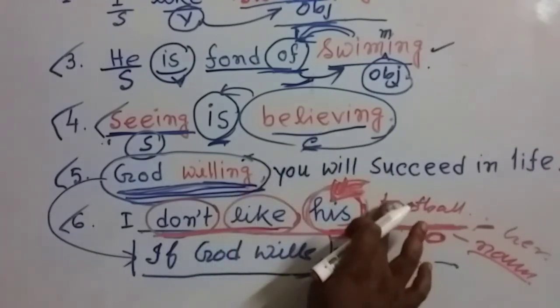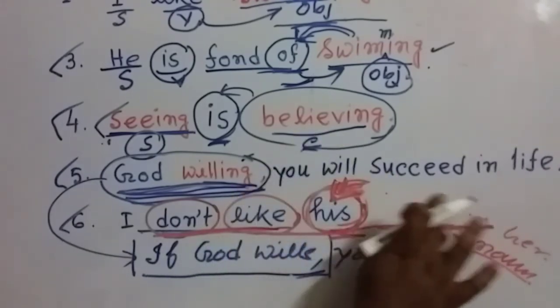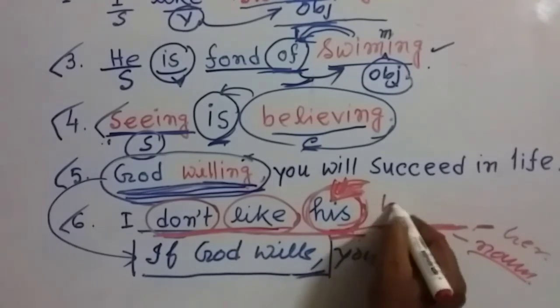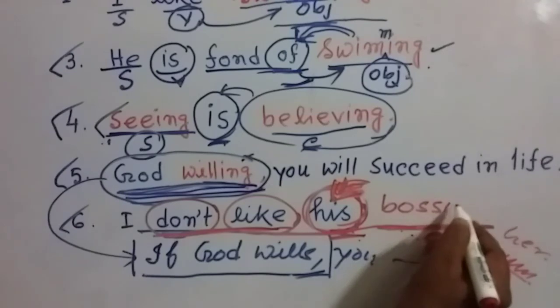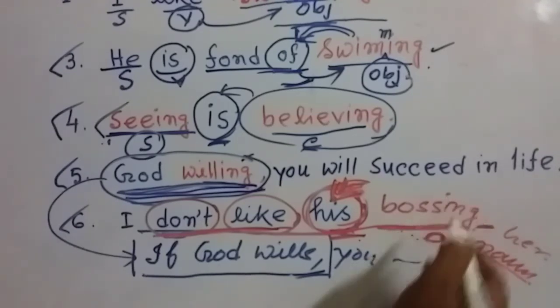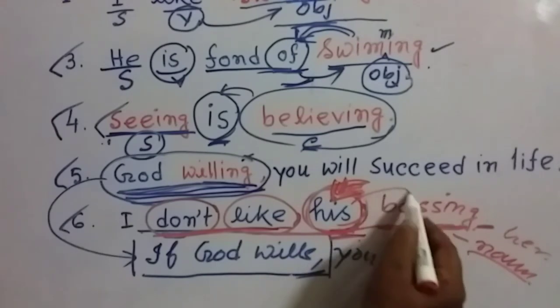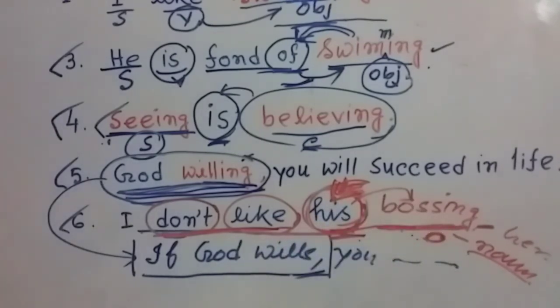We have to write down the gerund form. You can write playing, or whatever we wrote, bossing. Even we can write "I don't like his playing football" or "playing cricket," whatever it may be. But the fact is that after a possessive adjective, obviously we have to use the gerund form. So my dear friends, this was all about the usage of gerund.